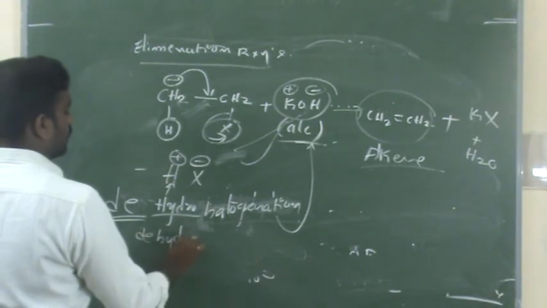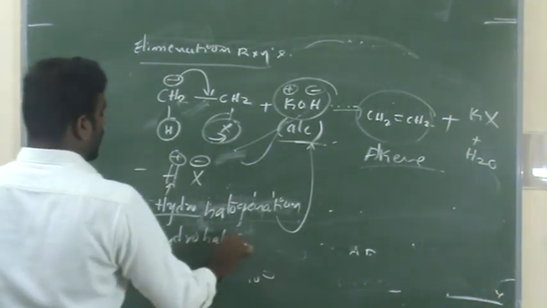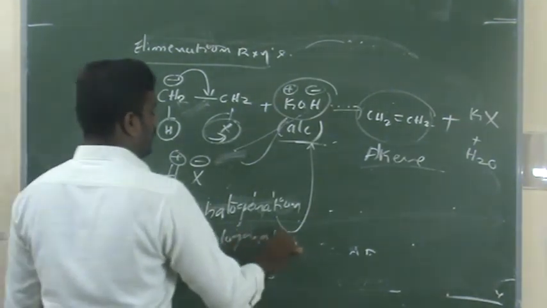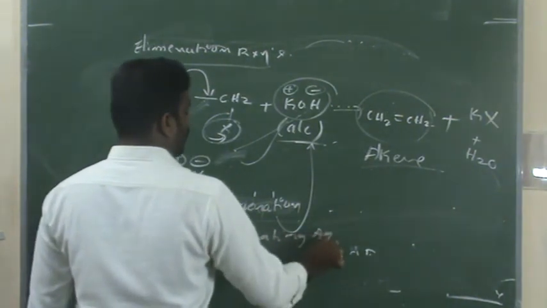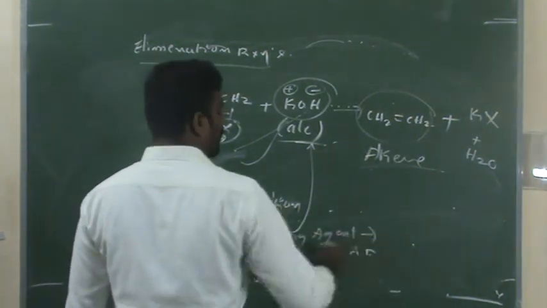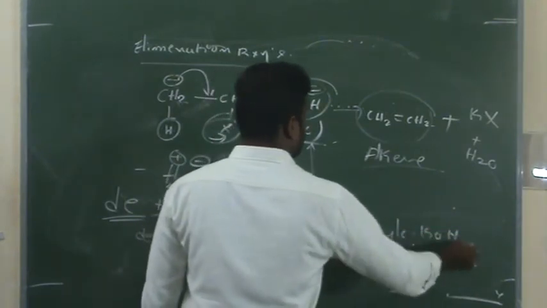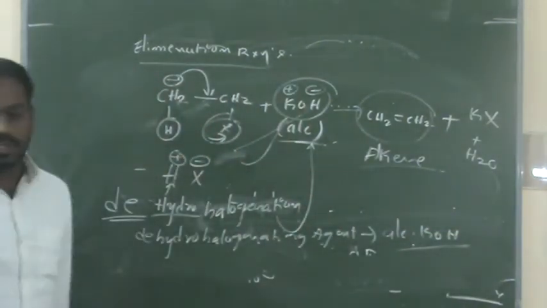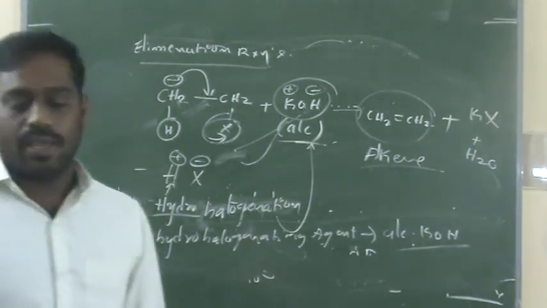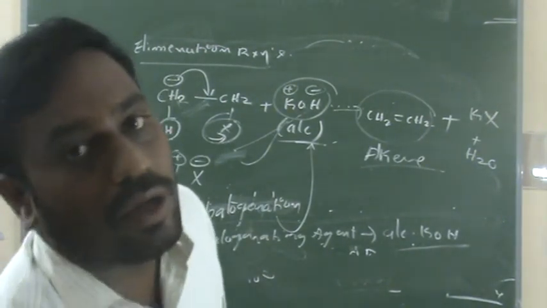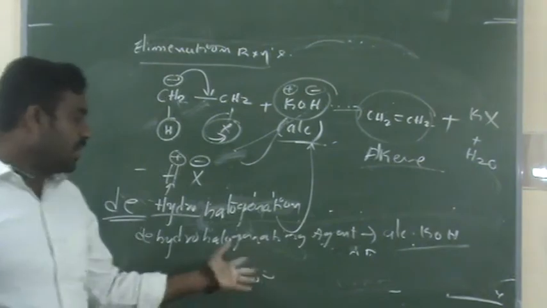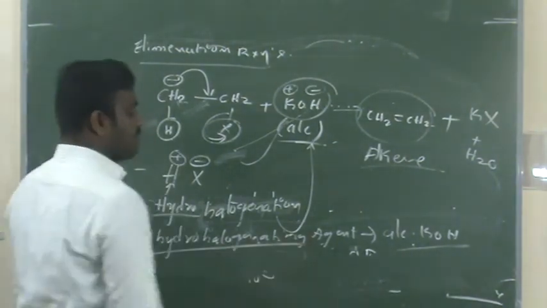Who is the dehydrohalogenating agent? Alcoholic KOH is the best dehydrohalogenating agent. Why can I call alcoholic KOH the best dehydrohalogenating agent?